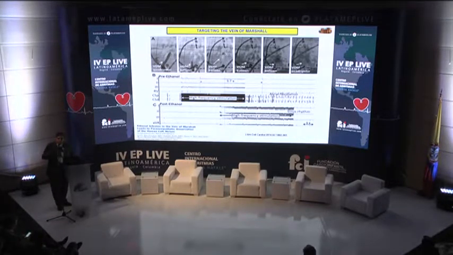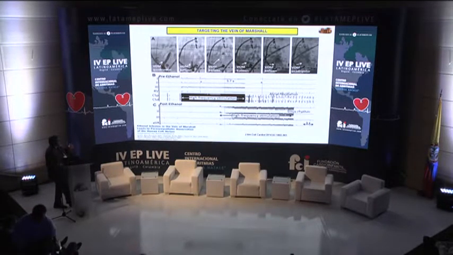So this actually shows that you modulated the entire structure so that the ability to induce AFib itself has come down. So this is one of the papers from his group on modulating the ligament of Marshall for controlling atrial fibrillation.